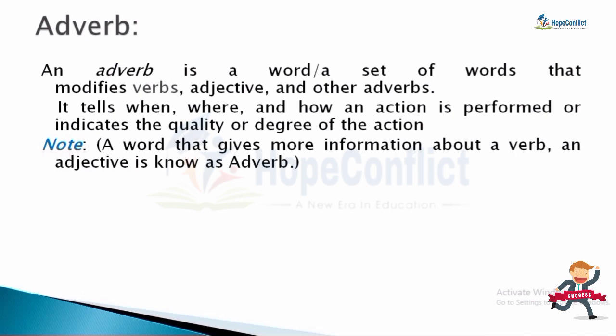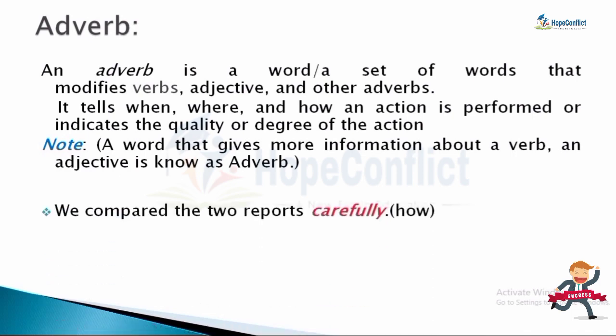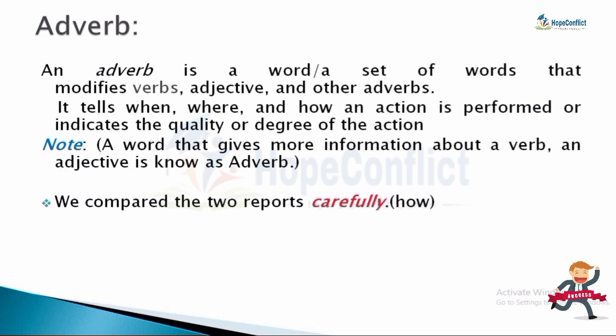Okay, we'll go with the examples. It will make you more clear. The first example is, we compared the two reports carefully. The example says, हमने दोनों reports को carefully compare किया. If we break it up, we compared two reports. Is it okay? Yeah, but what is more information? It is carefully. How we compared two reports? Carefully.